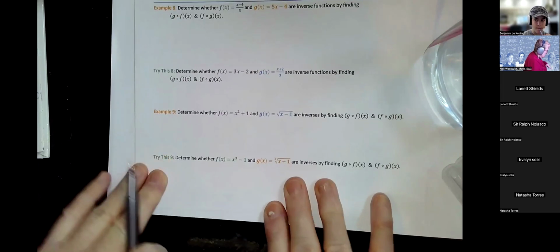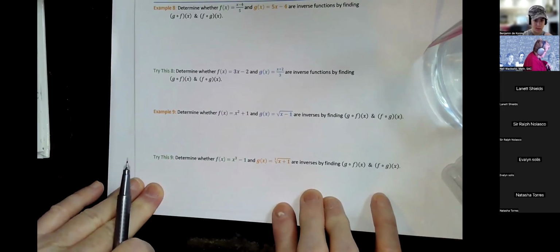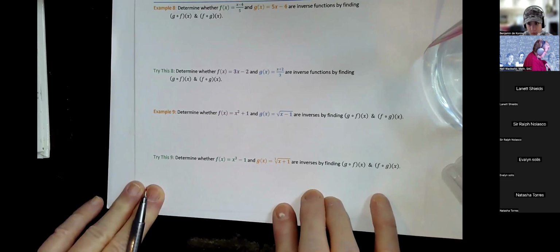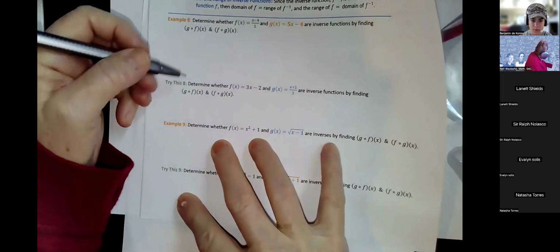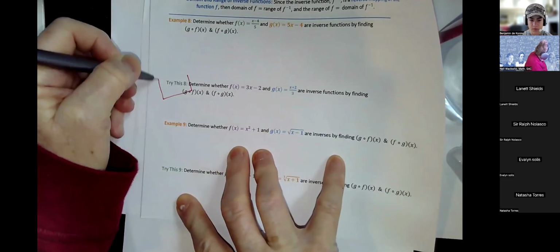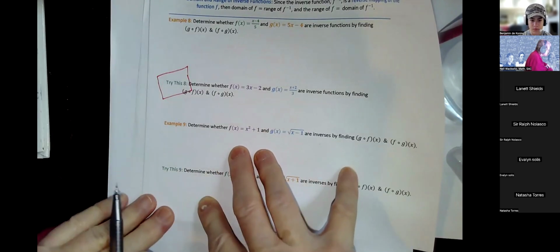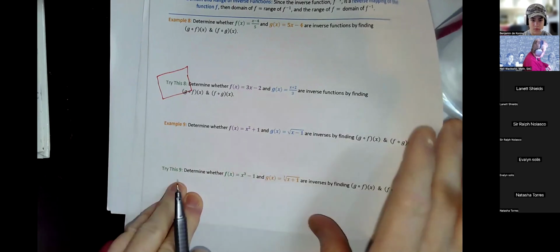And I want you to show that they are inverse functions by finding both ways composition. And we're going to skip example 9 and try this 9. So the only try this that you need to do on page 2 is the try this 8.